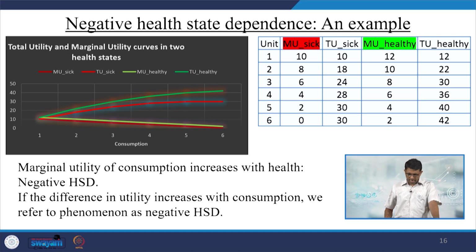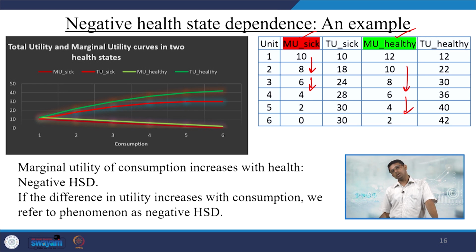Here we have tried to identify negative health state dependence. So, we started with the marginality when somebody is sick and the marginality when somebody is healthy, with different baskets of commodities. In short, we have cited only 6 baskets. Of course, the marginality to start with will be higher in case somebody is carrying good health. Now, yes, the incremental change we have highlighted with an equal amount.